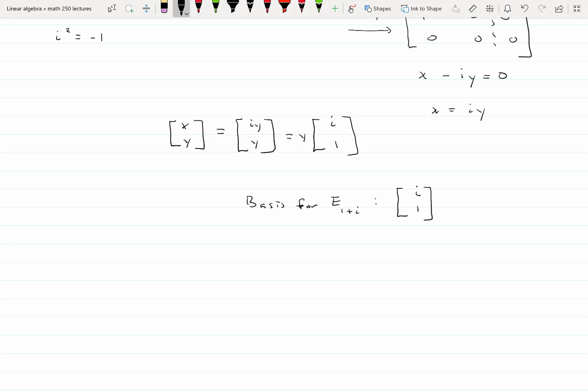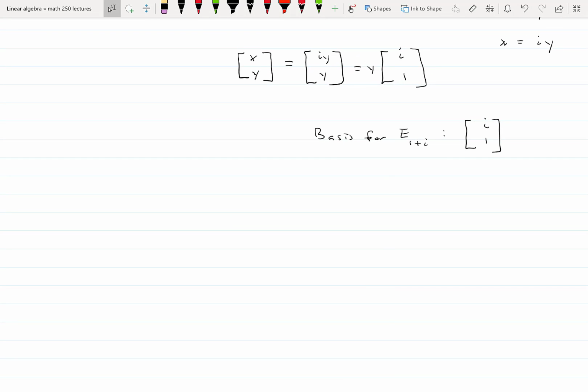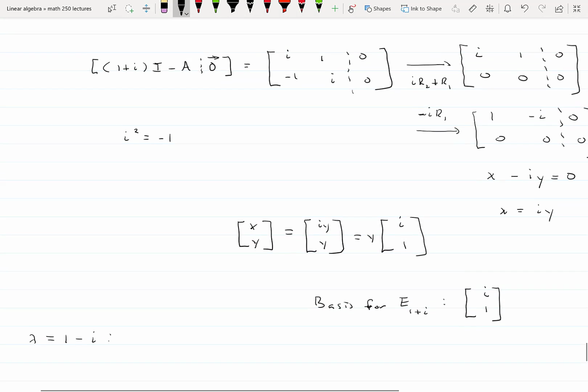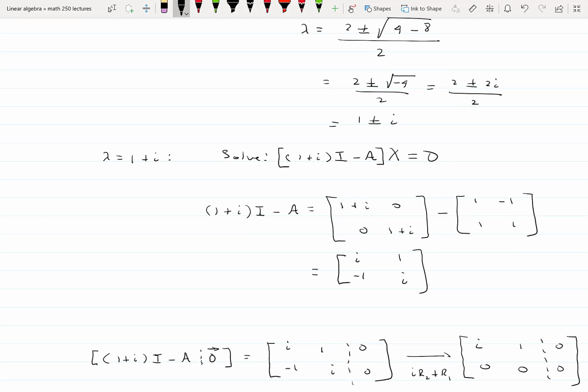That leaves us with one more eigenvalue. Again, remember I promised something nice at the end of this. We have 1 minus i as the second eigenvalue. Notice that our eigenvalues are conjugates of one another, and that's going to come into play later.